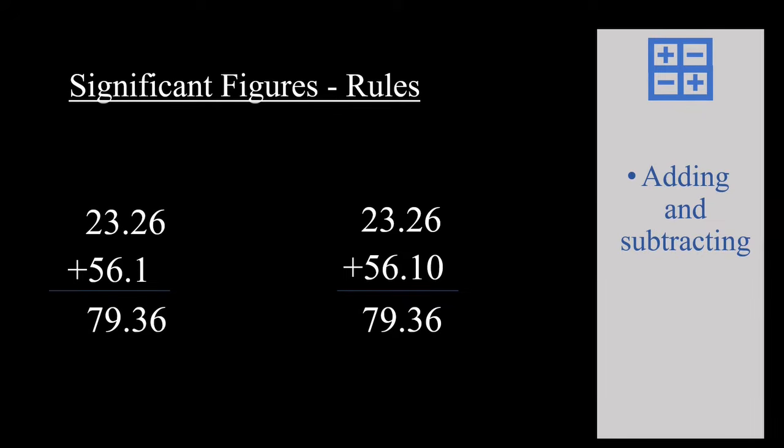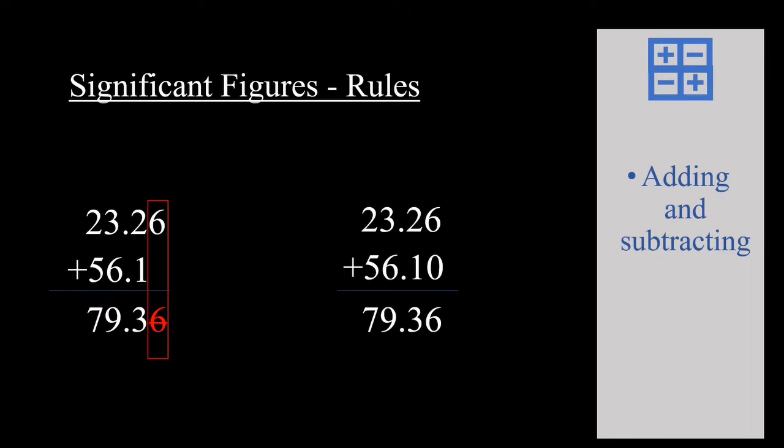If you look at the rightmost column in my addition here, you'll find that the second number, which is 56.1, doesn't have any significant figures in that column, right? There is only the 6 in the first number. For this reason, we have to drop this whole column.